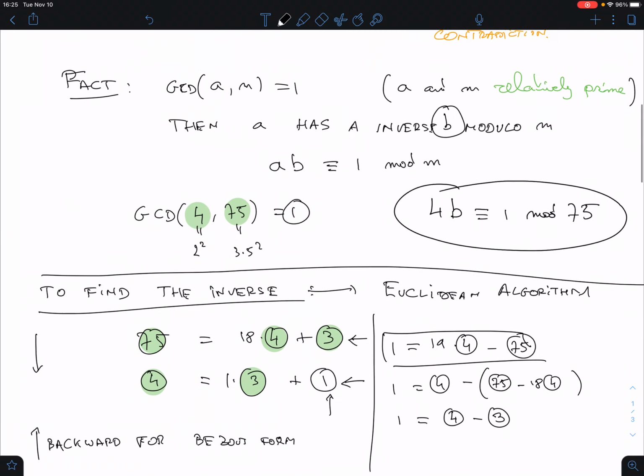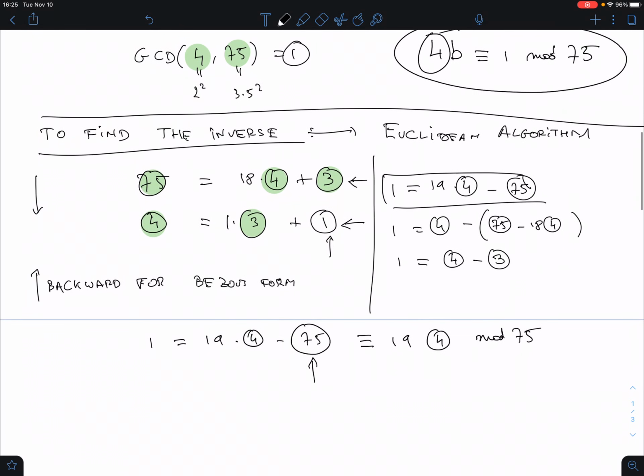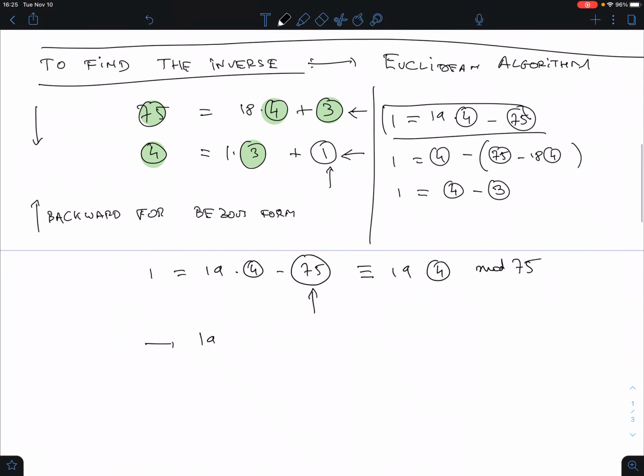But look, I have what I wanted. The 4 is my circled number, and b is 19. So we see that 19 is the inverse of 4 modulo 75. Now, some people would like to write this like this, 4 inverse, but I don't think that's a good idea.